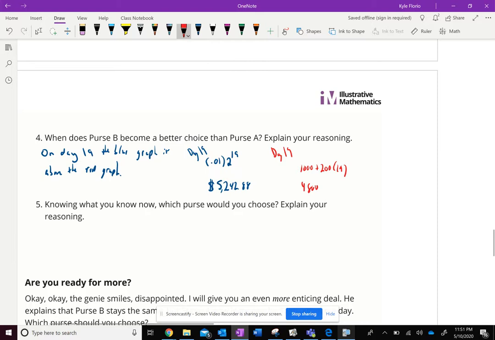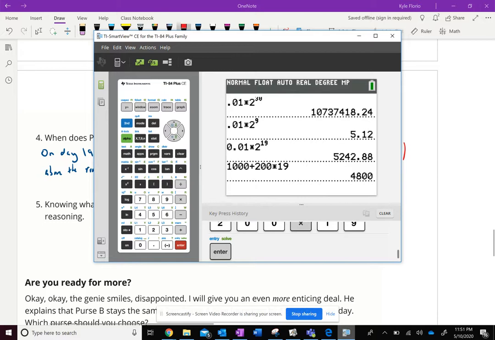On day 18, it was $200 less, so that's 4,600. And on day 18, we only multiplied by 2 18 times instead of 19. So if I divide it by 2, that'll just be one day before.